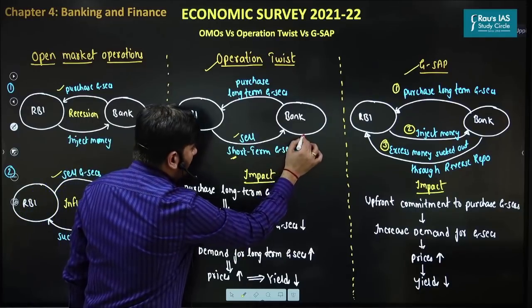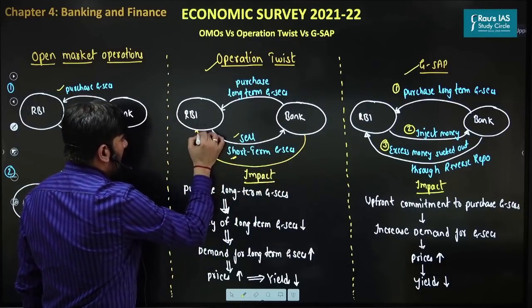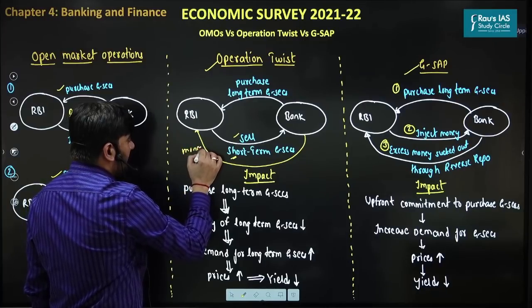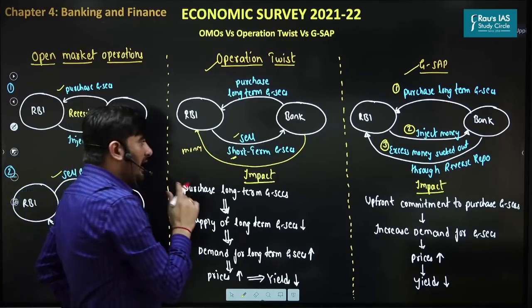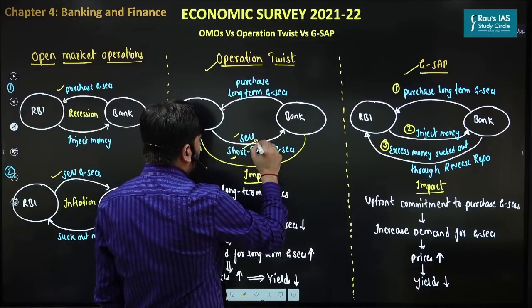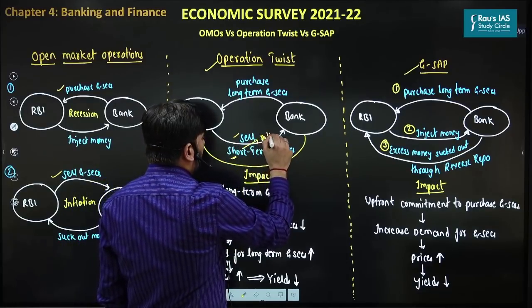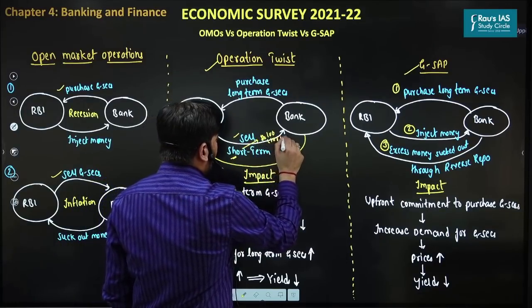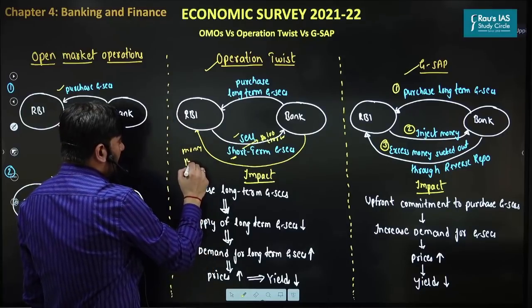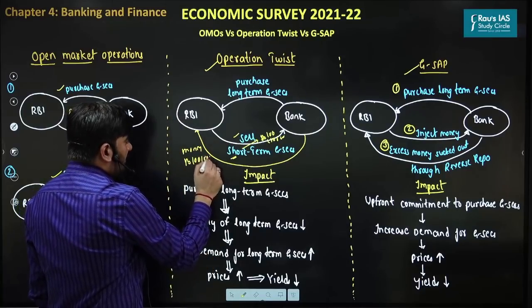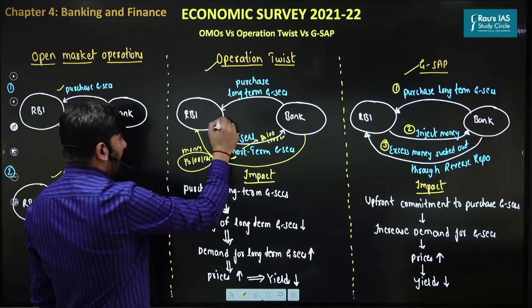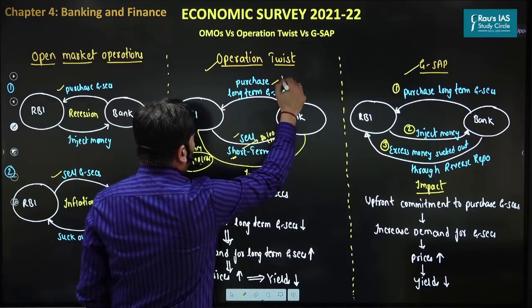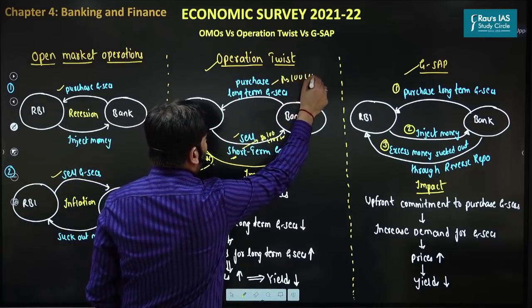By selling the short-term government securities, can I say RBI will get money? Yes. So let's say the RBI has sold short-term government securities worth 100 crores. By selling these, RBI gets 100 crores. Now the same 100 crores, the RBI will use to purchase long-term government securities.